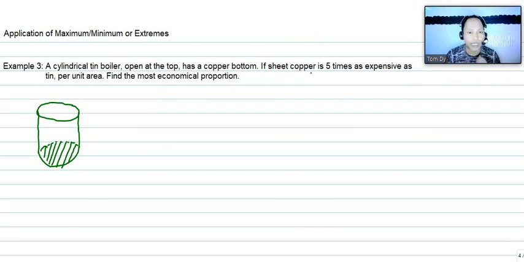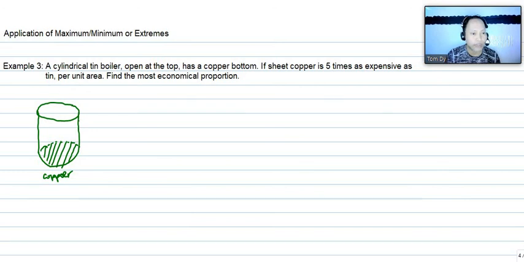And then if sheet copper is 5 times as expensive as tin per unit area, then we will have our solution. So this is copper. The bottom part is made up of copper, which is 5 times the cost of the tin.